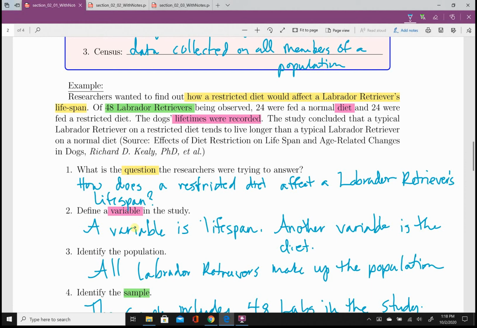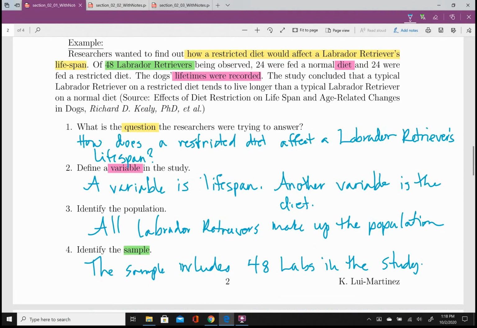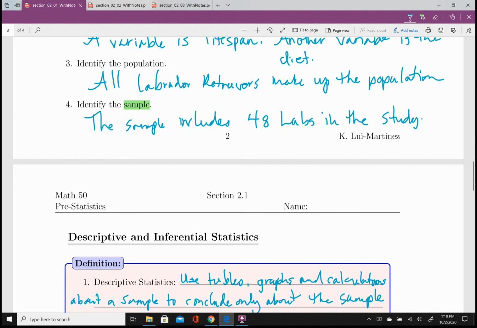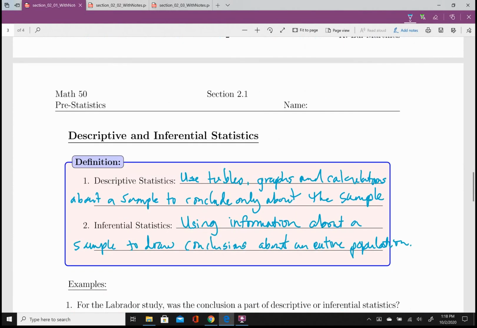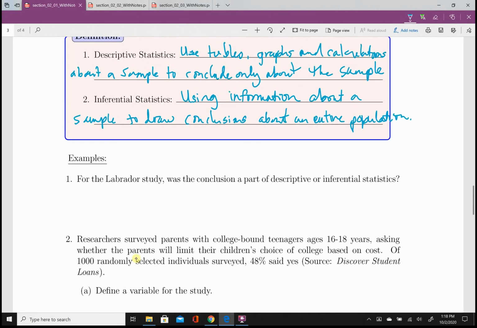The study concluded that a typical Labrador retriever on a restricted diet tends to live longer than a typical Labrador retriever on a normal diet. Using this language, typical Labrador retriever, we're supposed to be making conclusions about any Labrador retriever. So from that, we can glean that the study is part of inferential statistics.